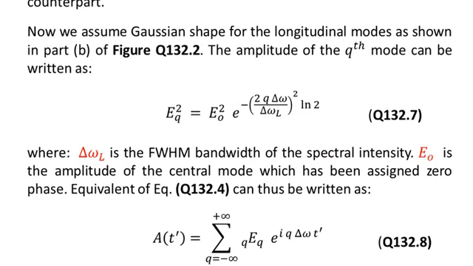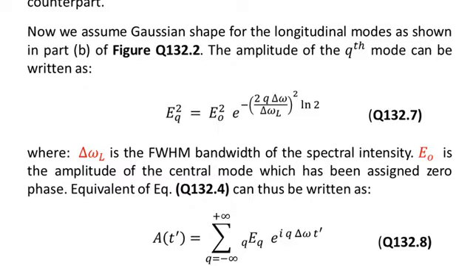You see that up to this point, we have discussed the longitudinal modes having a constant amplitude equal to E naught. Now we are going to discuss the amplitudes following a Gaussian profile. Now we consider Gaussian shape of the longitudinal modes as shown in part B of figure 2.